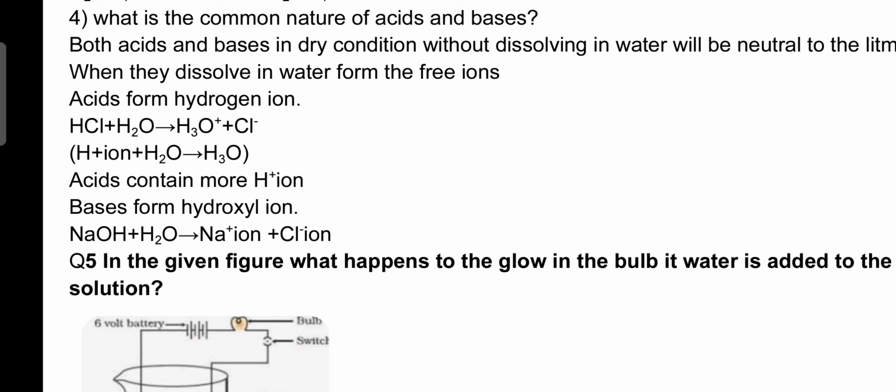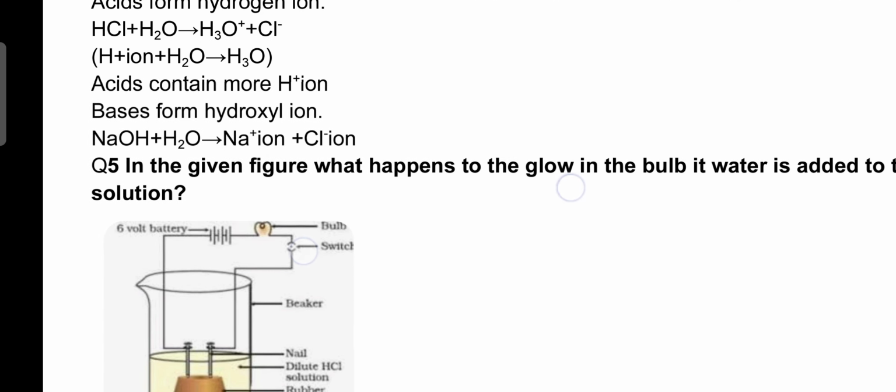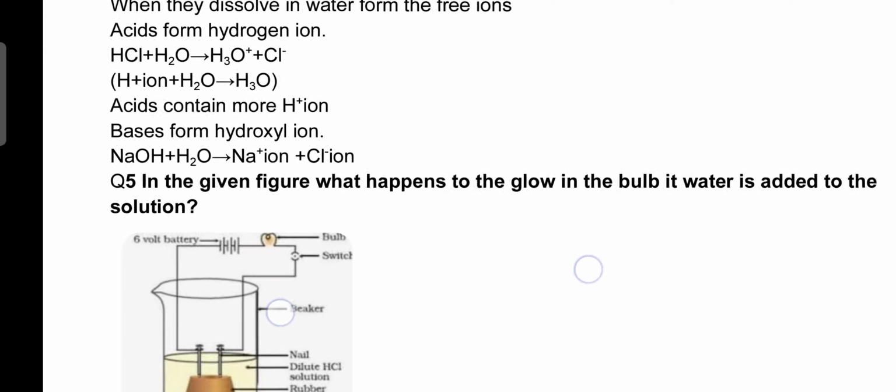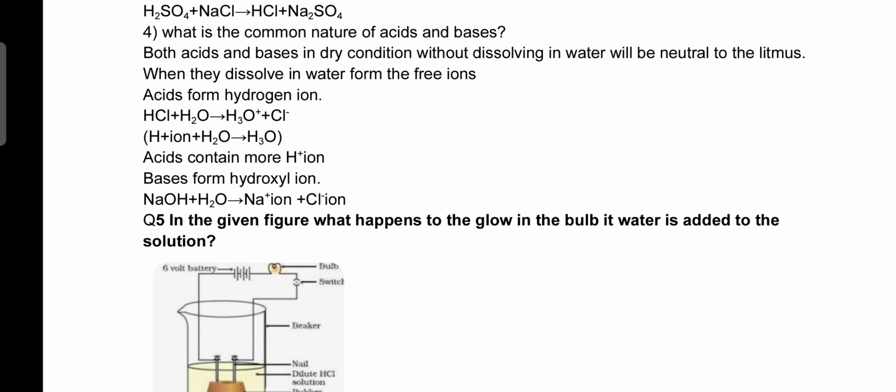Now bases always form the hydroxyl ion. Let us see here, NaOH plus water gives Na plus ion and hydroxide ion in the solution. So the common thing among them is they exhibit their real nature, acidic or basic, only when they dissolve in water, because they form the respective ions in the solution.